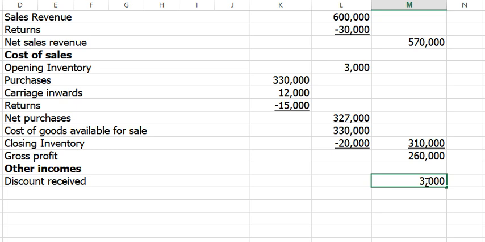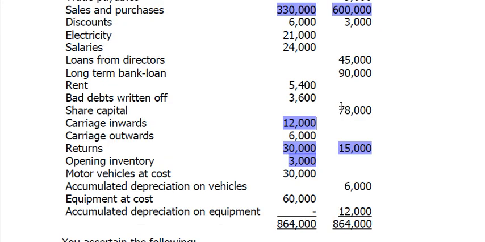Then the other incomes: whenever there is a decrease in provision for doubtful debts, that decrease is added to the gross profit, so it appears as other income in the statement of profit and loss.